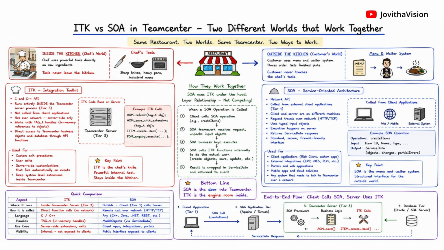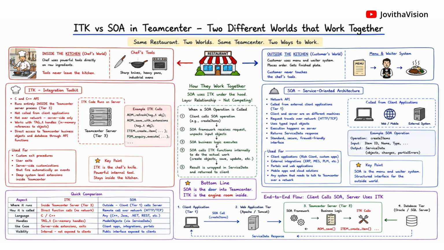SOA is Service Oriented Architecture. It is a network API. It is called from external client applications in Tier 1. The client and the server are on different machines. The request travels over a network.